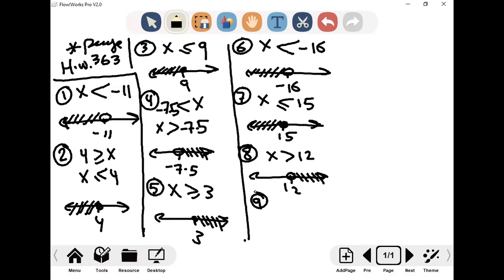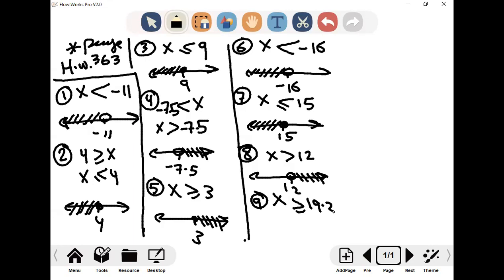Question 9, x more than or equal to 19.2. It's between which two numbers? Between 19 and 20. To be more specific, it's between 19 and 19 and a half, right? So it's close to 19.